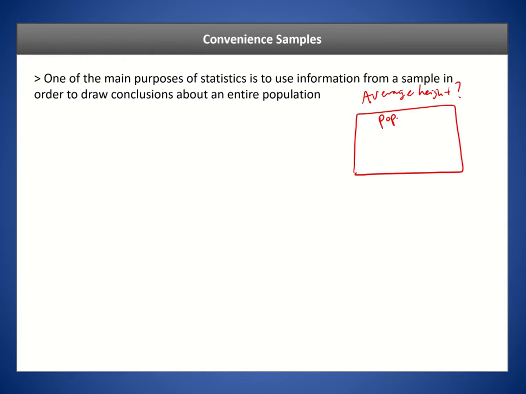I don't know what the average height is for the entire population, but I could take a sample, right? And in this sample, I would get an average height of, say, 5.8 feet, something like that. Let's just say. So on average, it's below 6 feet, so on average, 5.8 feet.